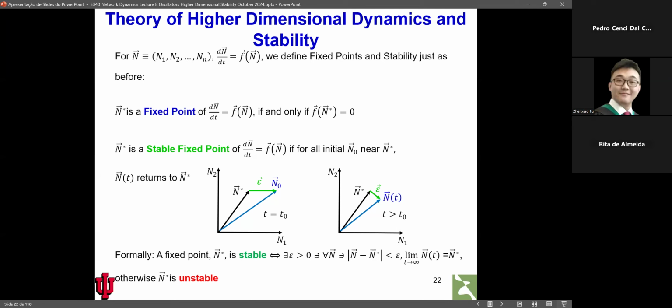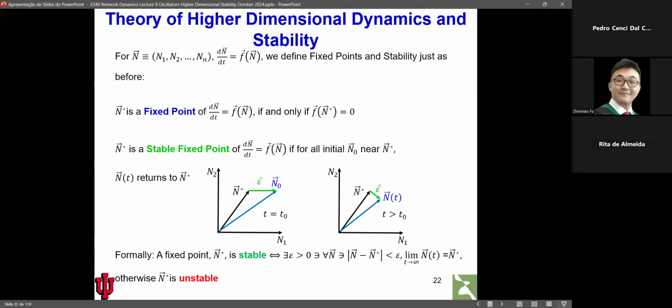So the first thing is that the fixed point is going to happen only if the vectorial, I would draw an arrow over the 0 as well to say that this is the vectorial 0. N star is a stable fixed point.